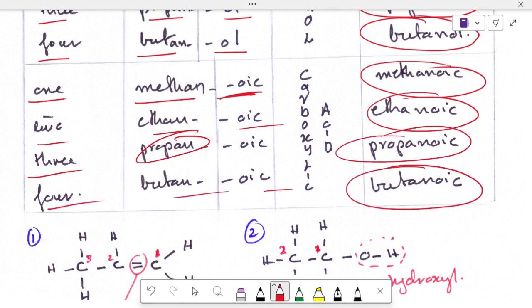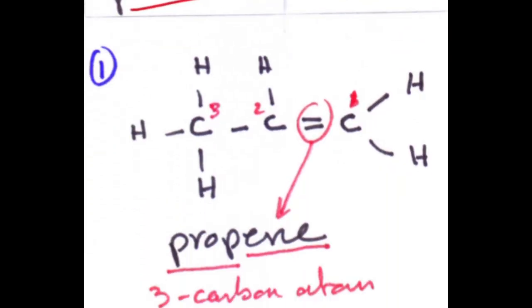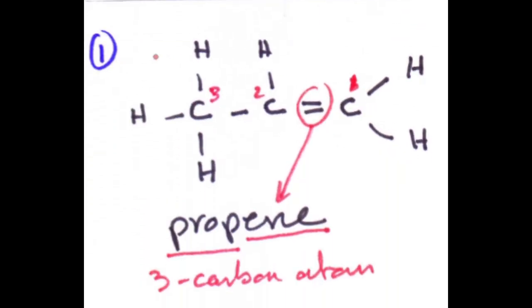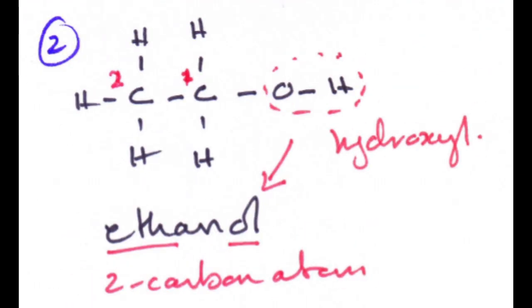Now I have drawn three structures. First is propene. You can see there is a double bond between carbon atoms 1 and 2. And then there is an alcohol. The OH group is attached to the carbon atom, so it becomes ethanol.